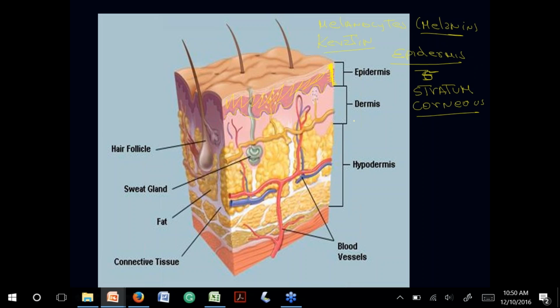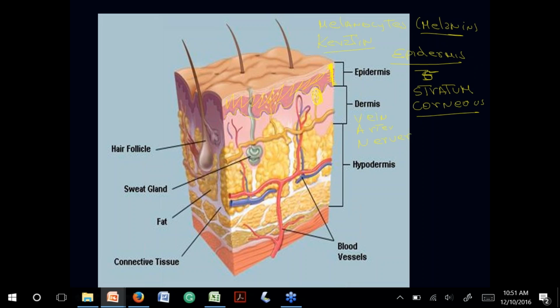Below that, we have many structures, right? The dermis. In the dermis, we have veins, arteries, and nerves, right? Besides that, we have many other structures. For example, the nerves are the receptors for pain and for cold.